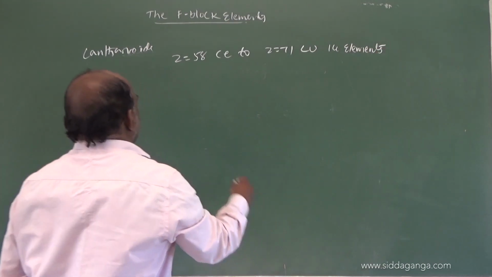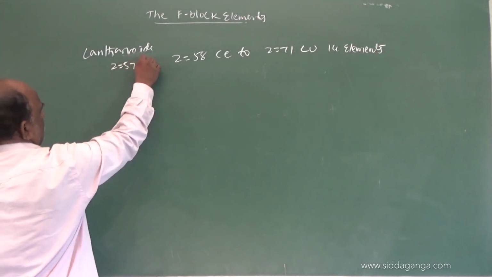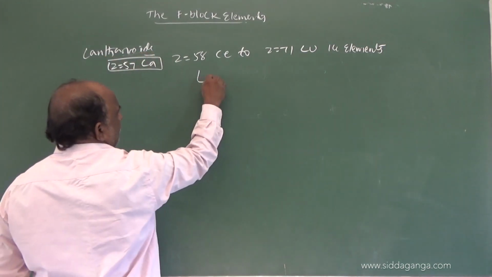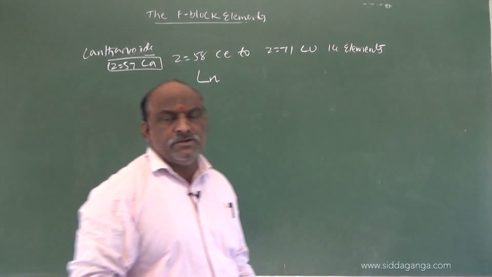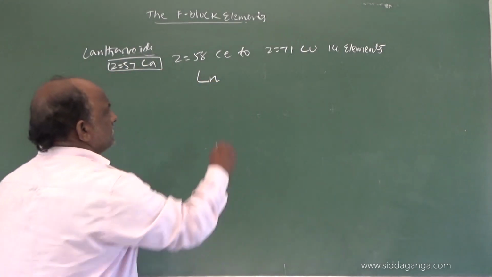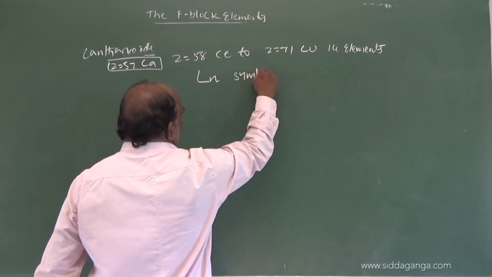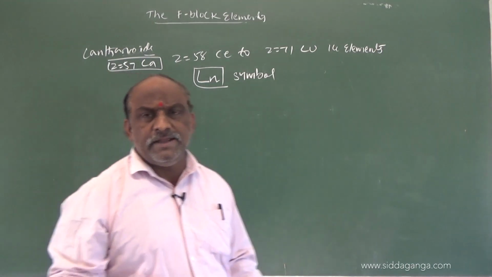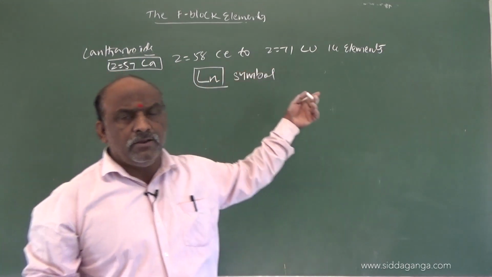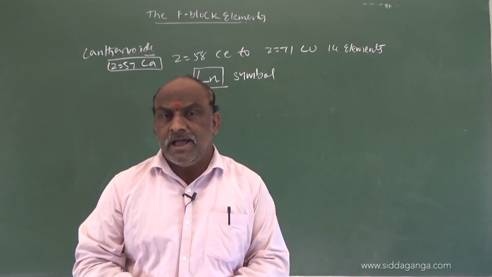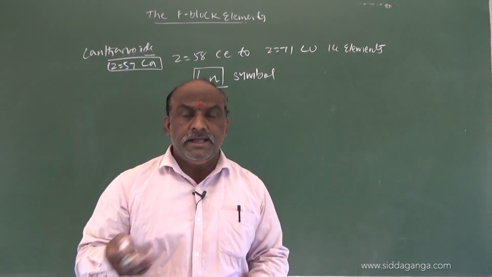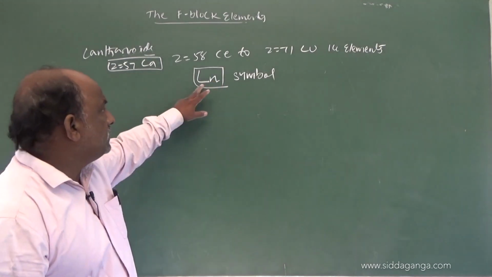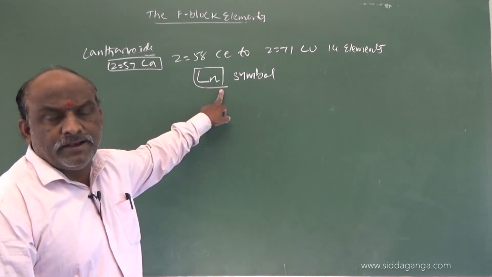Z equal to 57 is lanthanum. These lanthanides are represented by the symbol Ln. Ln means any lanthanide, any one element: cerium, lutetium, gadolinium, promethium, europium, samarium, terbium, ytterbium.